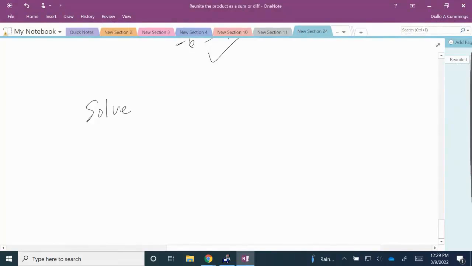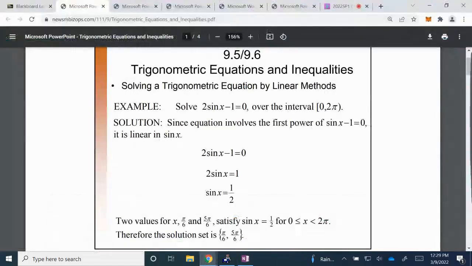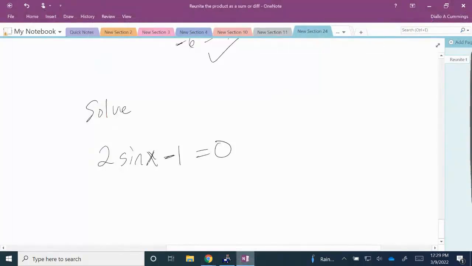So we want to solve 2 sine x minus 1 is equal to 0. Yeah, 2 sine x minus 1 equal to 0.